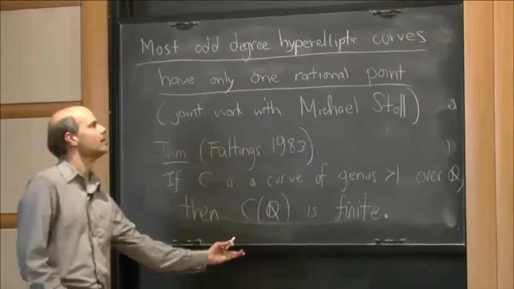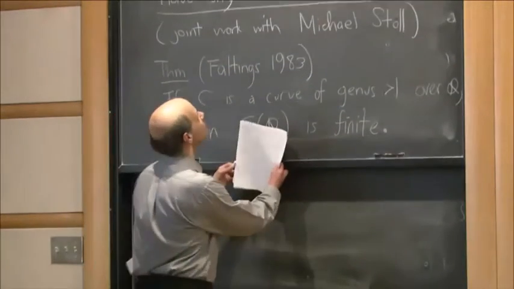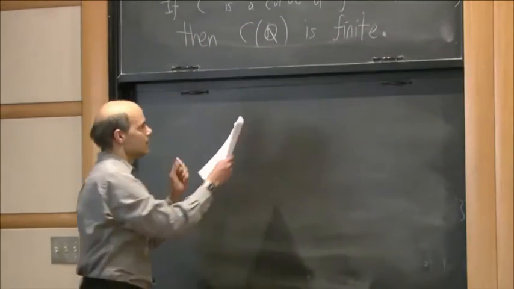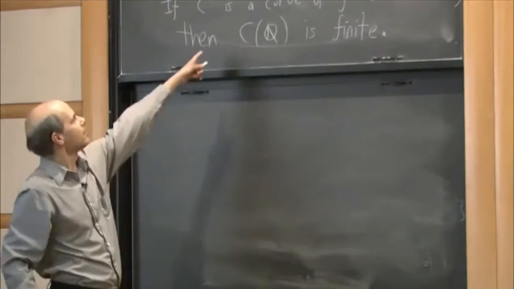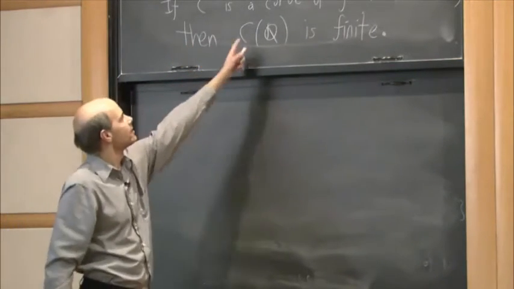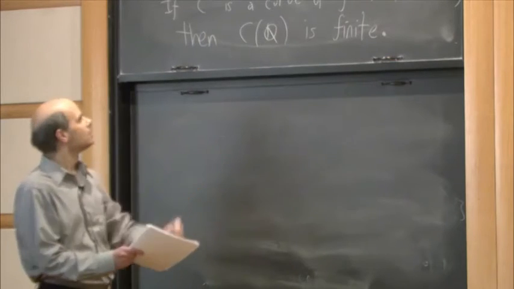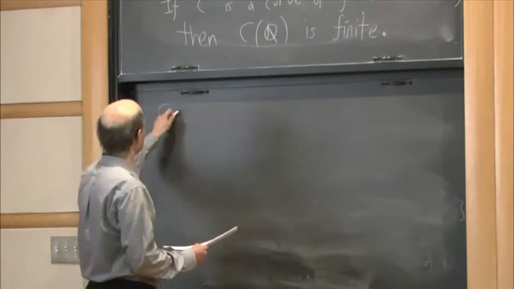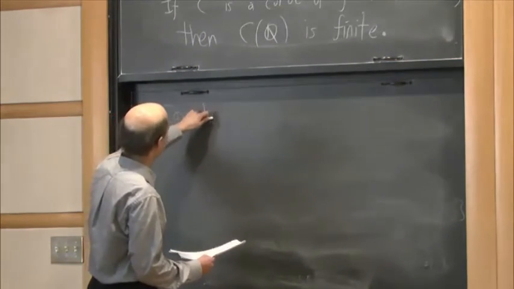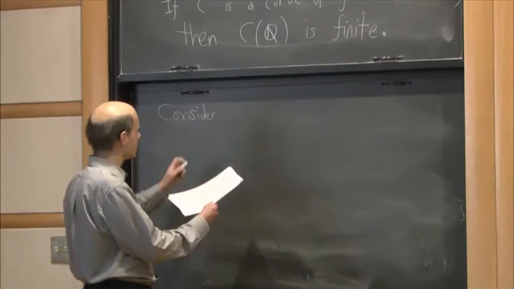In this talk, I want to talk about what happens to this set as you vary C in a family. The family I'm going to consider is the family of all hyperelliptic curves of odd degree.